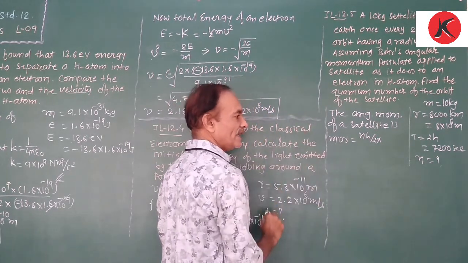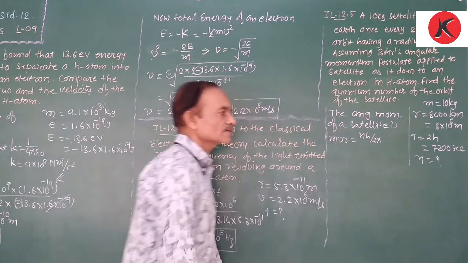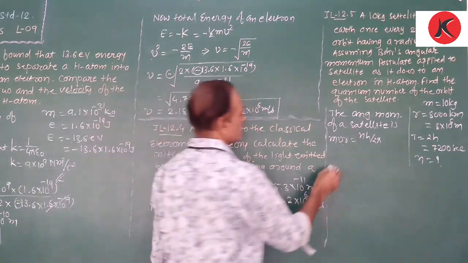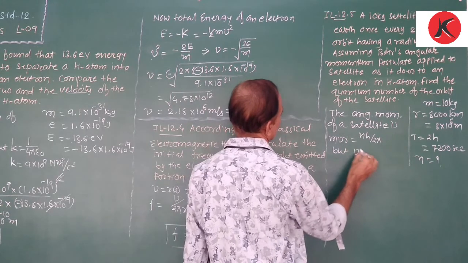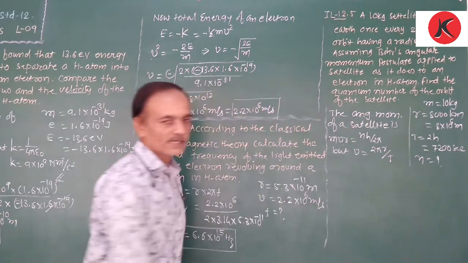We require the value of n. Therefore, first, v is equal to 2 pi r upon T.